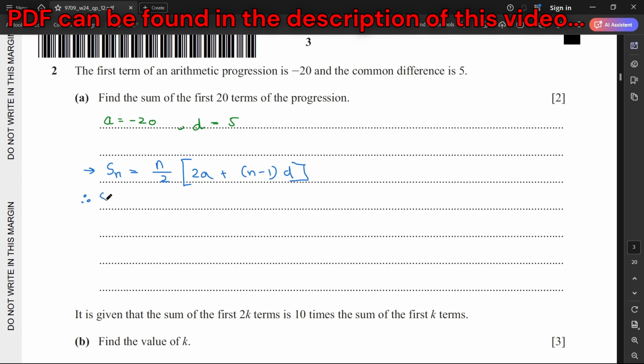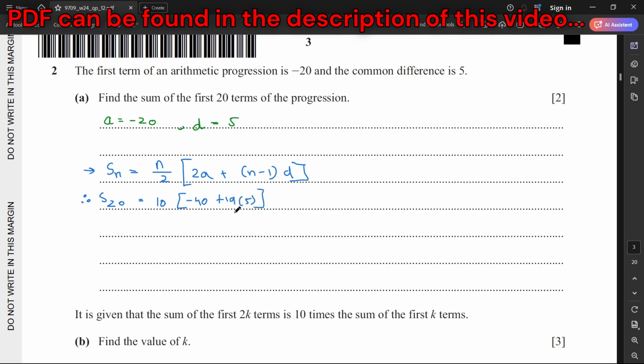Therefore, the value of S20 will be equal to n by 2. So the value of n is 20 in this case. So I can just say that 20 by 2 is 10. Then 2 into minus 20 is minus 40. Then I'm having n is 20 minus 1, which is 19, times 5.